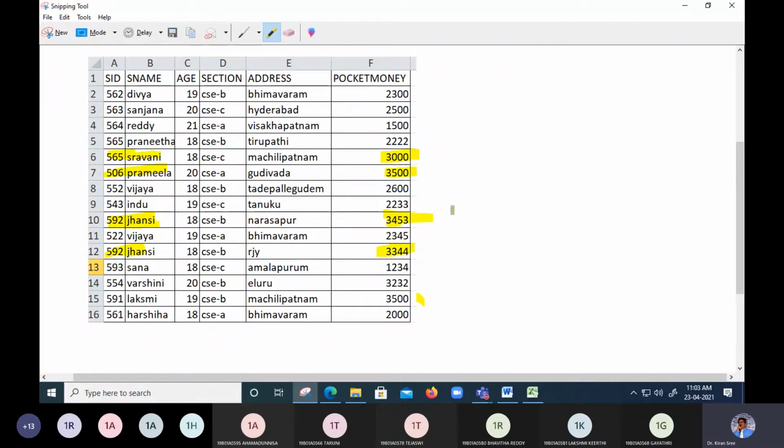Then 3232, Varshini, that is 554, and another, maybe 591 Lakshmi. I don't think we will get that value greater than 3000. So we should expect records 1, 2, 3 and 4 once the query is executed.